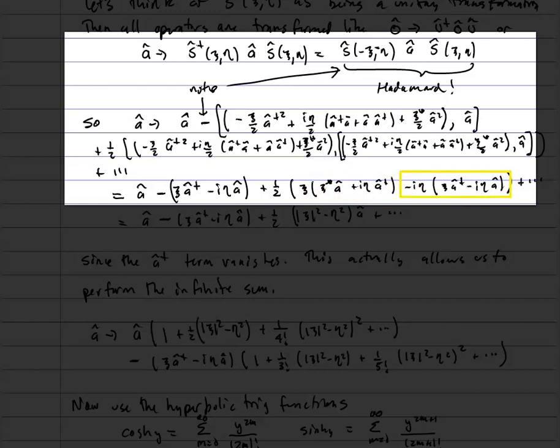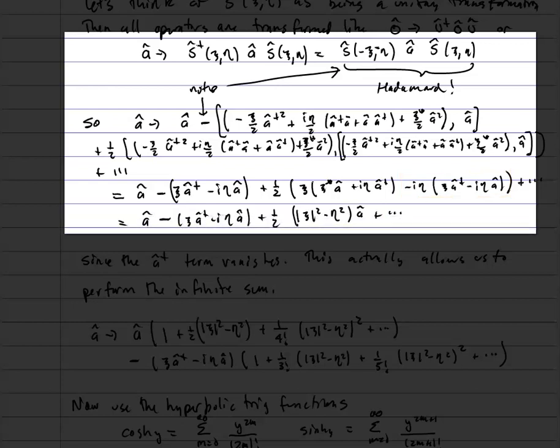That's a ξ a dagger minus i η a. So you plug both of those in, and now you combine the terms that have the a daggers and the terms that have the a's in them. And what you see is that the a dagger terms are a plus i η ξ and a minus i η ξ, and those actually cancel. So you get a pure a operator term, and it has a modulus of ξ squared minus η squared.